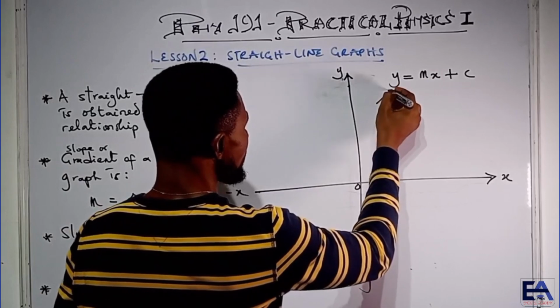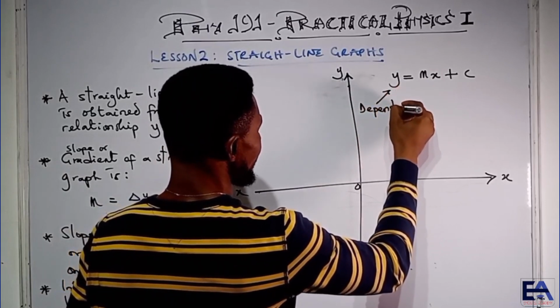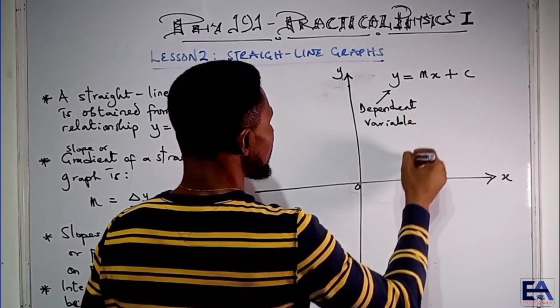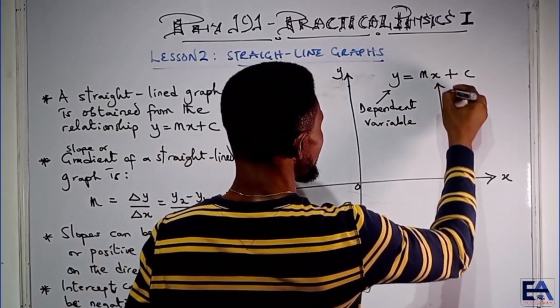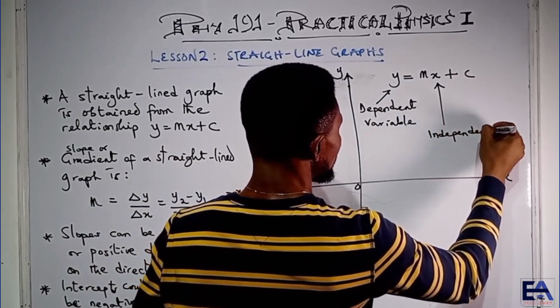This y here is called the dependent variable, and I'll explain why. This x here is called the independent variable.